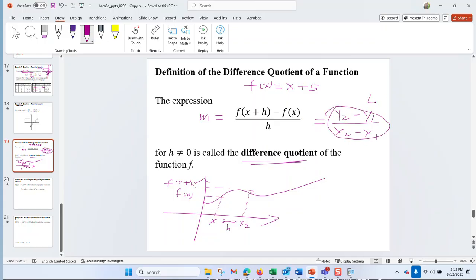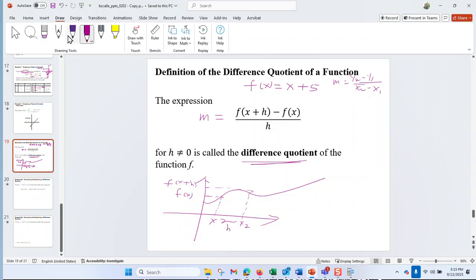So for those of you who want to continue to calculus, this will be a really important function. But for those of you who do not want to go through calculus, you can just use the linear. M is y2 minus y1 over x2 minus x1. That's why I only talk about the linear in here.